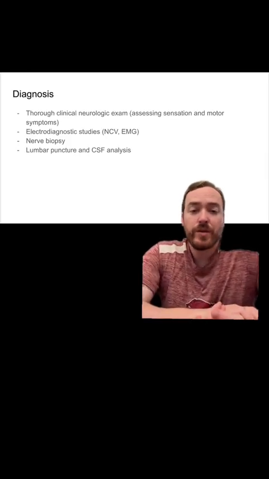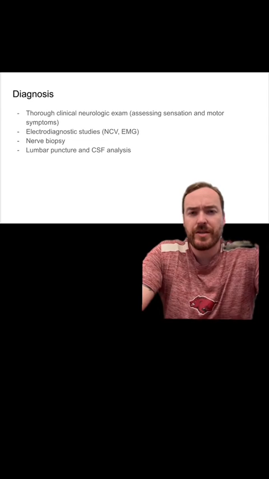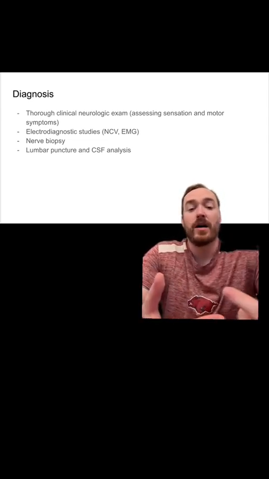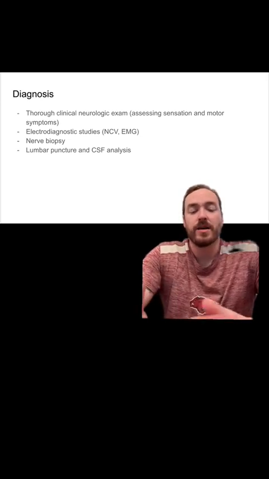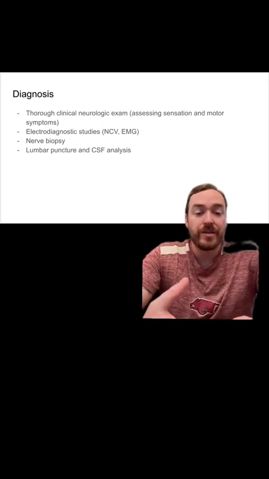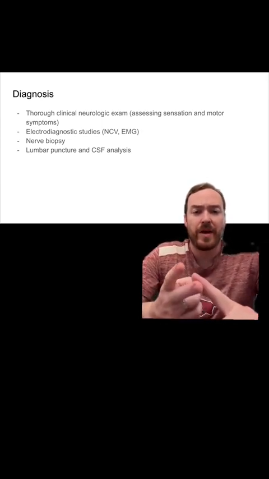The diagnosis of CIDP is usually through a thorough clinical neurologic exam, so assessing sensation, motor symptoms, assessing strength or weakness of myotomes, assessing deep tendon reflexes, and then also a combination sometimes of both nerve conduction velocity studies and electromyography studies.